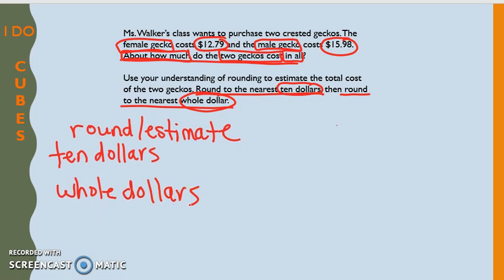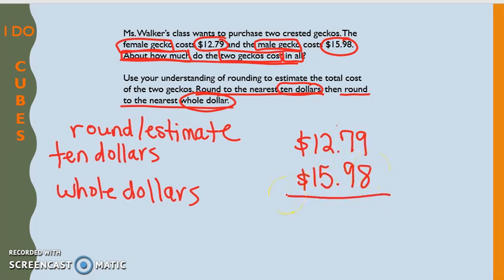Okay, so let's first go ahead and add together $12.79 and $15.98. Before we can add these two numbers together, we're first going to round to the nearest $10.